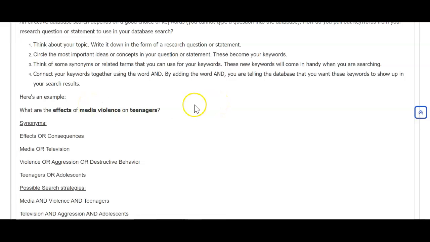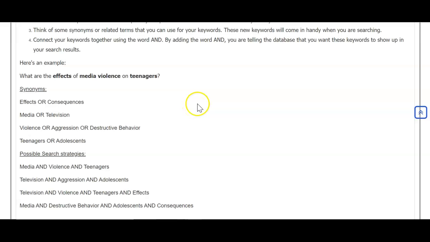The way library databases work, it's not as neat and friendly as Google. In Google we can have misspelled words and punctuation and all kinds of stuff going on, but Google is intuitive. It can predict what we might have meant. Library databases don't work like that. It's primarily word recognition.